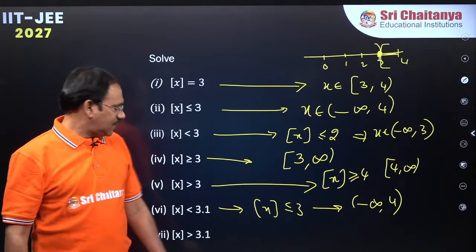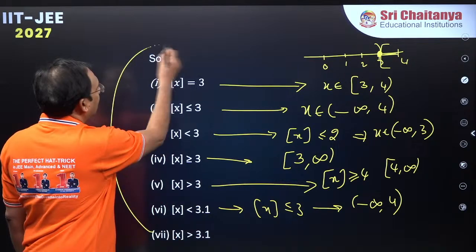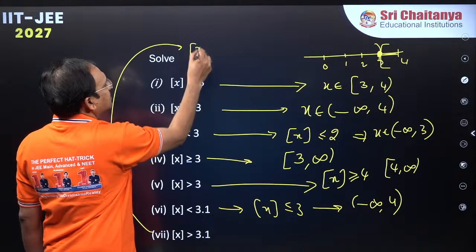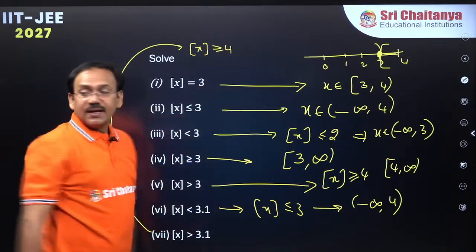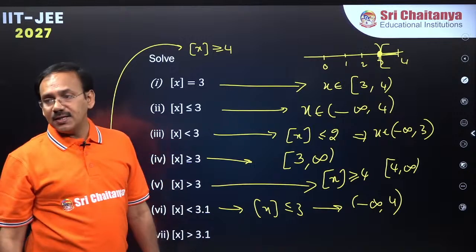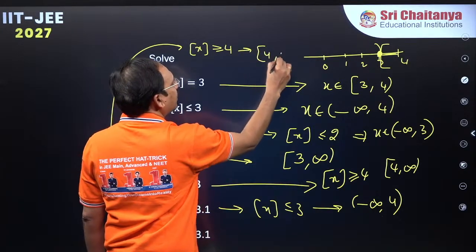Right? And finally, step x greater than 3.1 in the sense step x is an integer, greater than or equal to 4. Greater than 3.1 means greater than or equal to 4, you can say closed 4 to infinity.